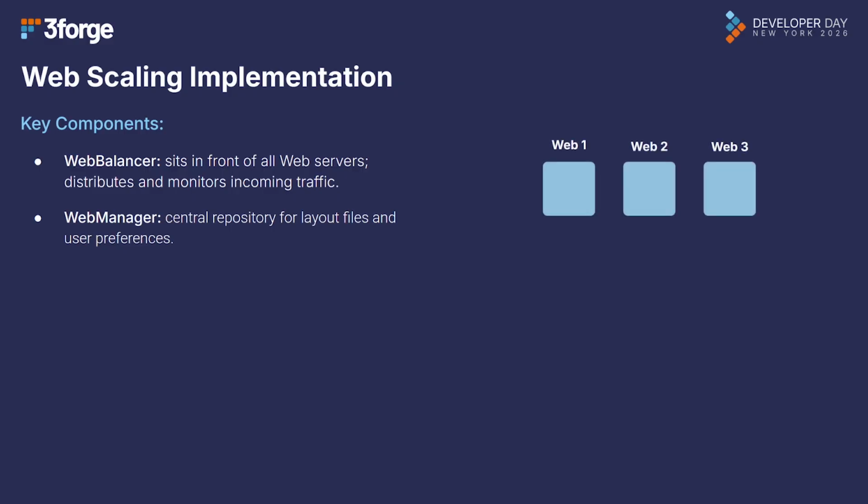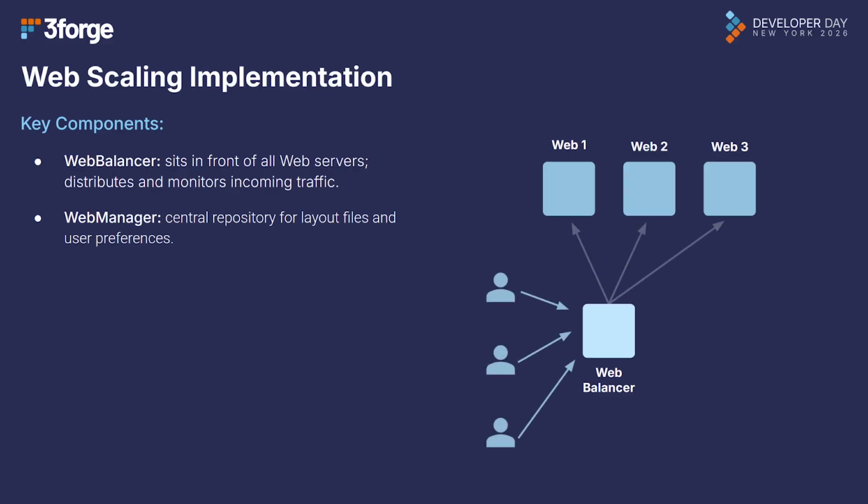First, you have a bunch of web servers. Then you have a web balancer where you specify your routing rules. So users come in here and the web balancer distributes the traffic evenly. And then the web manager here stores all of the layout files and configurations. And whenever a user logs in, the web server requests the layout and preferences file from the web manager and it distributes that over to you.